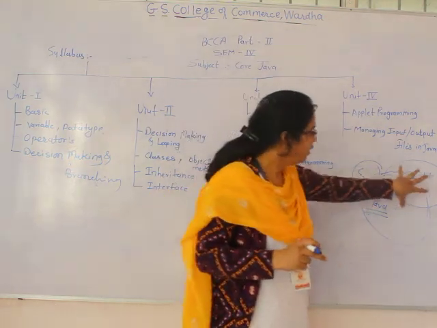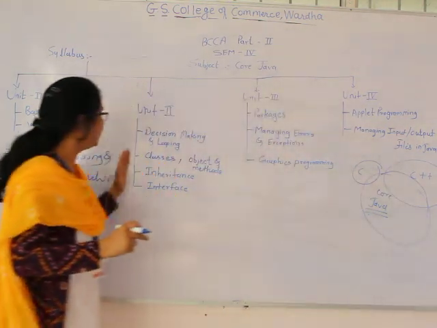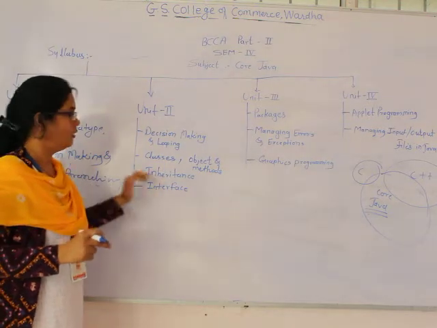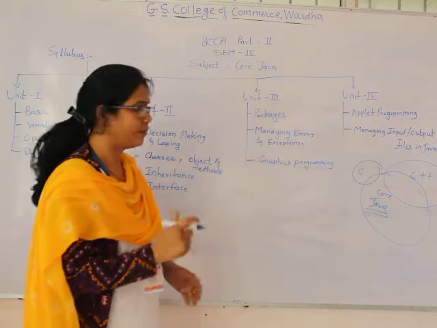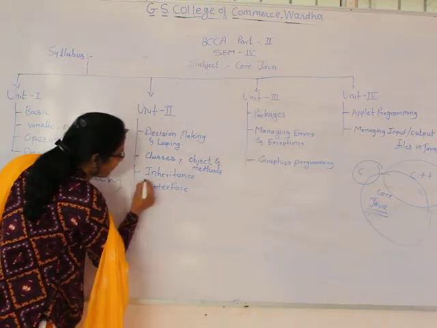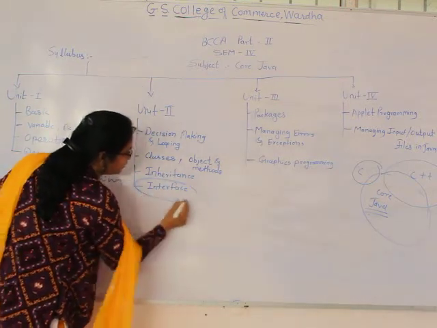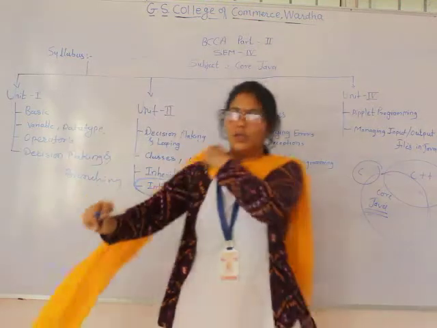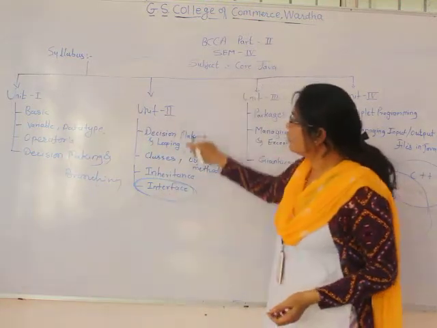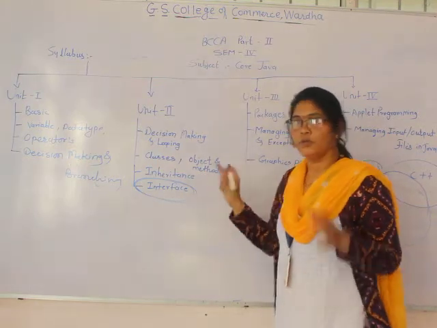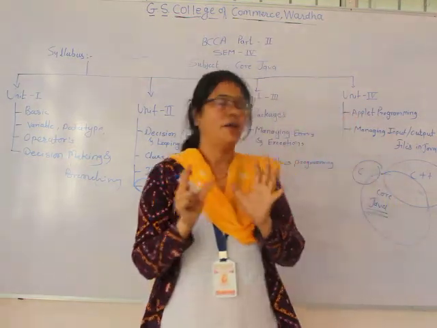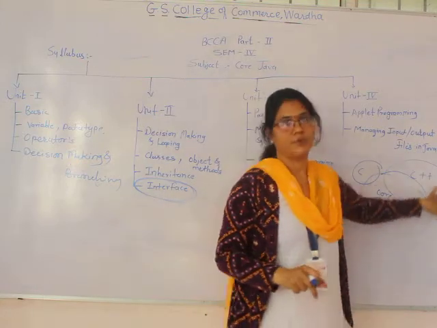Then the next unit has another portion: classes, objects and methods, inheritance and interface. The new topic and new part of Core Java is the interface. In your second unit we cover topics like classes, objects and methods, which are already covered in C++.